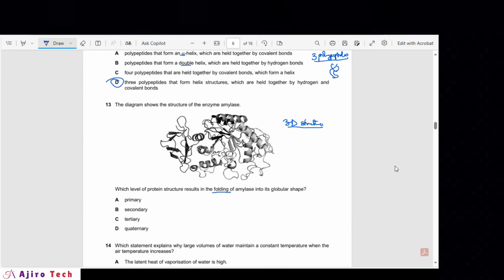When I talk about the 3D structure of how it's folded, the regular and precise folding of the protein, that's a 3D structure, and that's the tertiary structure. That talks about the tertiary structure of the protein.